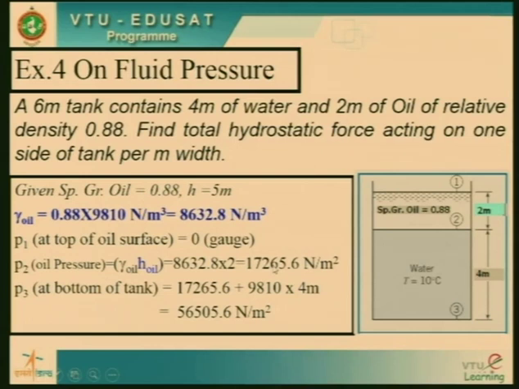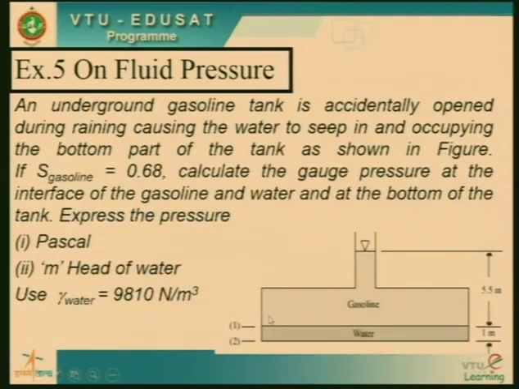So you get the pressure here, and P3 at the bottom of the tank is P2 plus specific gravity of the water 1 into 9810 into 4 meter. You get this value and you total it. So this is the pressure which we are getting here. Okay. So we are calculating the pressure on this.